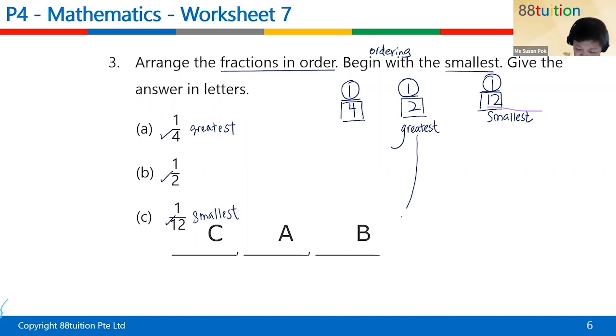So greatest will come to here. Instead of writing greatest in the A, greatest is here. Instead of this, you write here. Is this the smallest? This must be here.